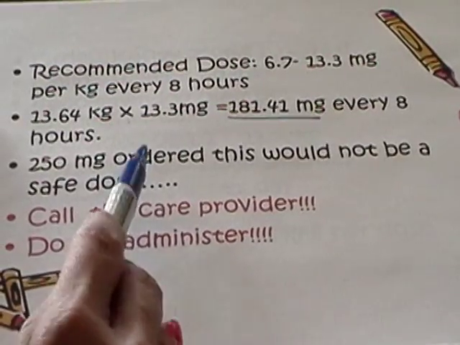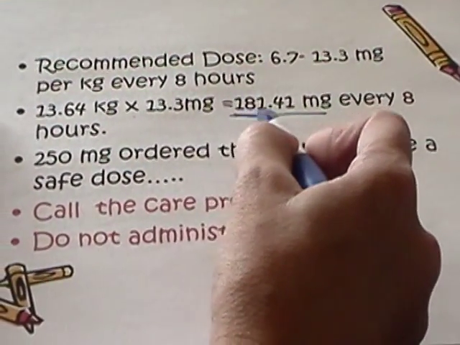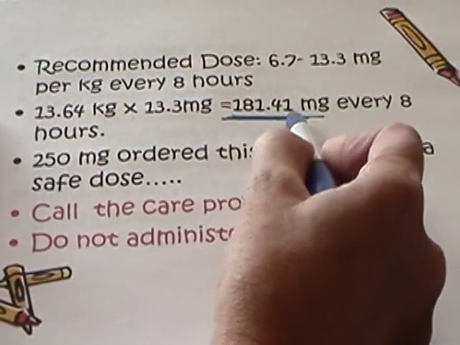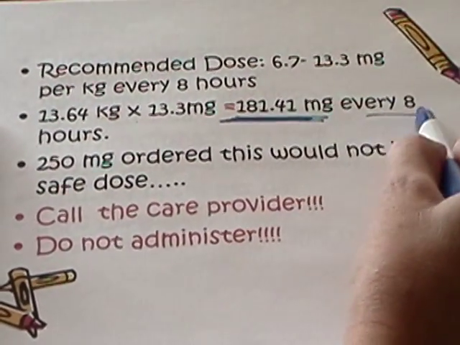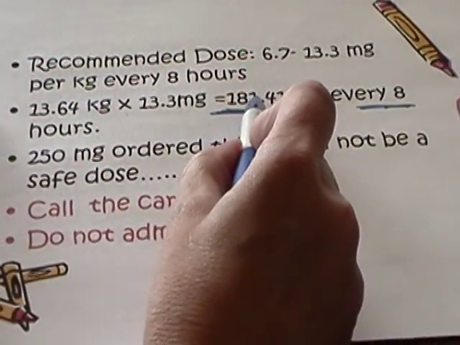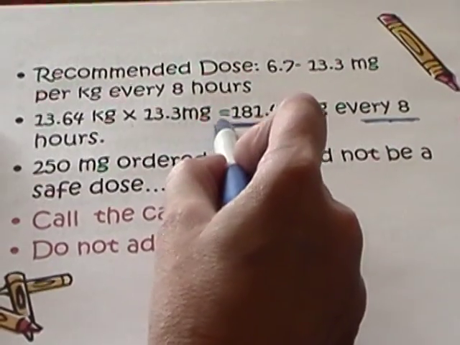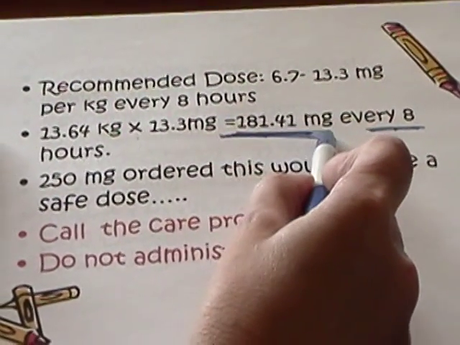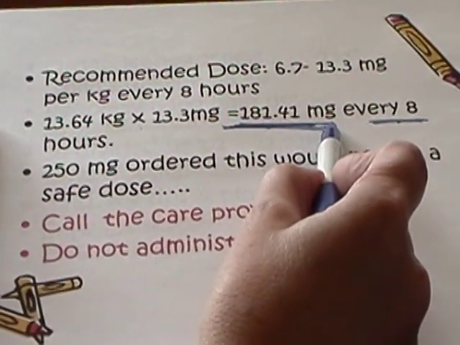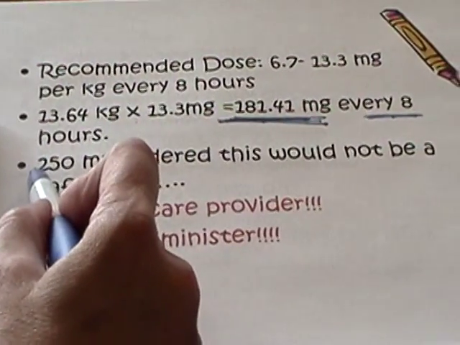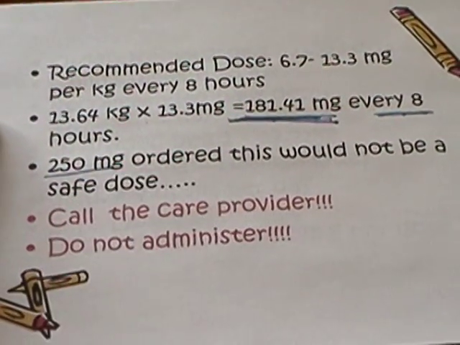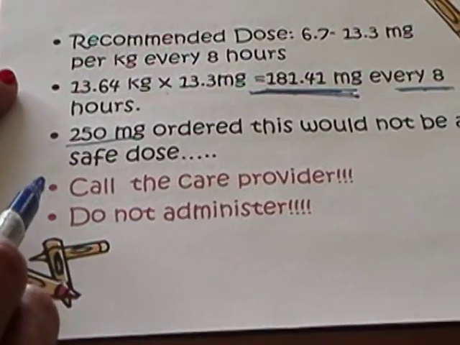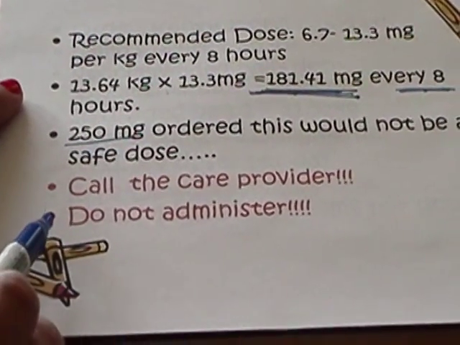Why is that? Our safe dose is 181.41 milligrams every 8 hours. So we would not give anything that was greater than 181.41 milligrams. And the physician has ordered 250. What would we do? We call the care provider. We do not administer it.